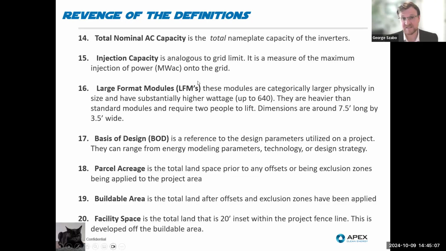But module intensity, which is an important metric that I don't actually state here, is something important to take a look at. That's your module wattage over the actual surface area of that module. Between large format modules with much higher wattage ratings, the module intensity largely hasn't changed because the efficiency hasn't changed that much.